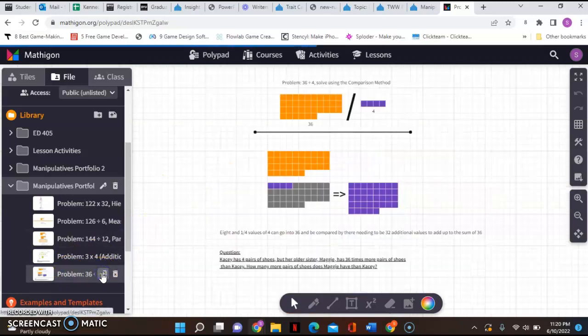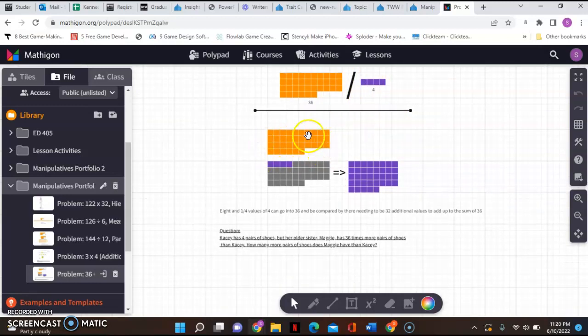And finally, we have the problem of 36 divided by 4, and we have to solve this using the comparison method. So here I have the original method because we have two separate values. We have the 36 value and the 4 value.